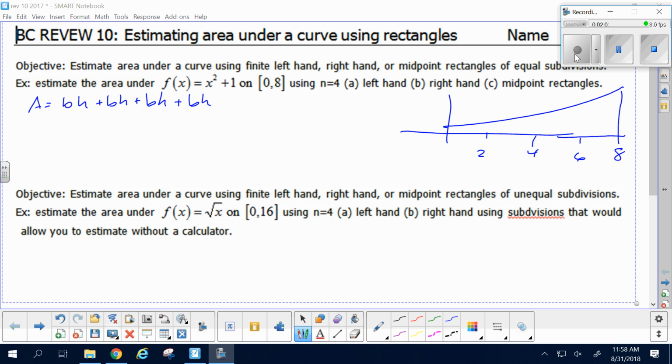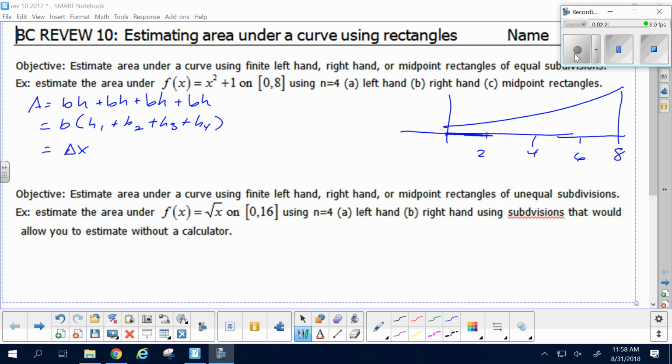Okay, if they're equal subdivisions, then doesn't that mean they have equal bases? Yes? So, factoring out a common base leaves me with 4 different heights. The heights will vary with respect to the curve. The base is a width, I'll call it delta x, where there's a gap. It could be delta y, but let's not even go there.